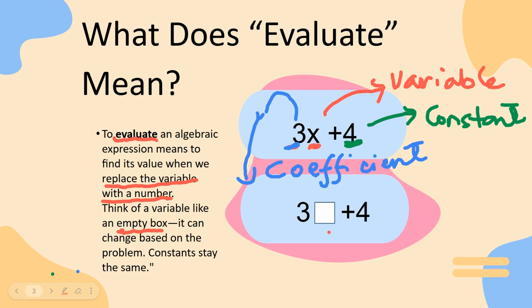Constants stay the same. So it's like we remove the letter x and instead put an empty box. Probably we can assign any number in the empty box. All right, let's move further.